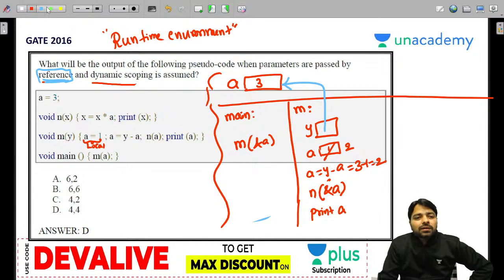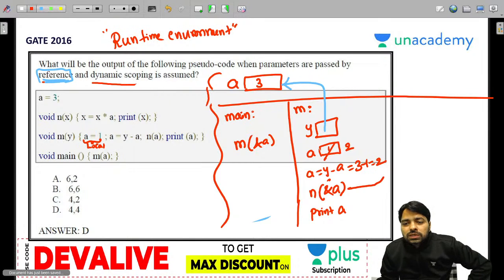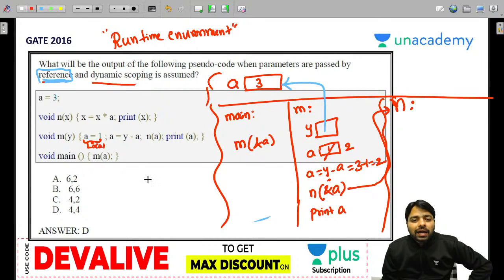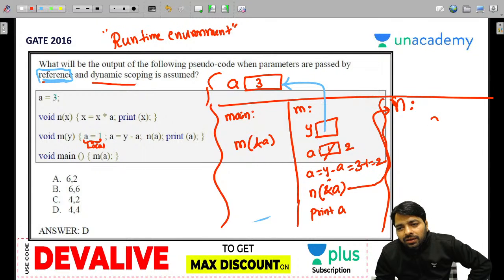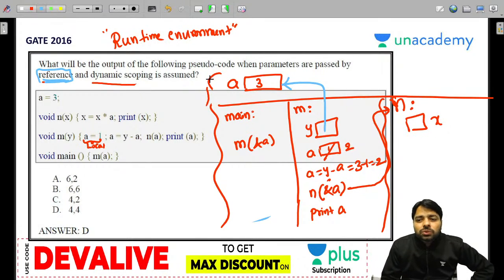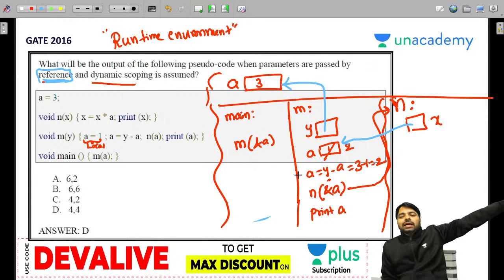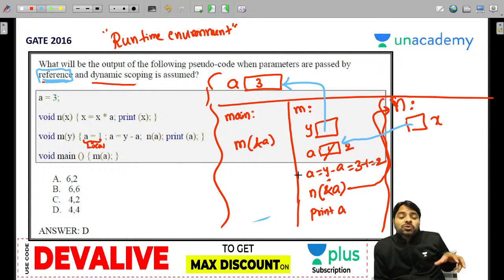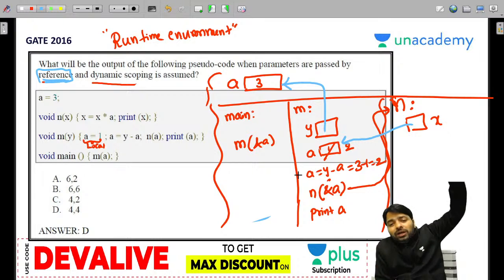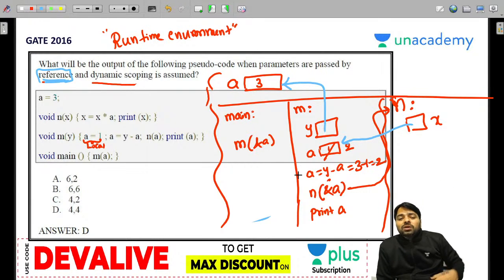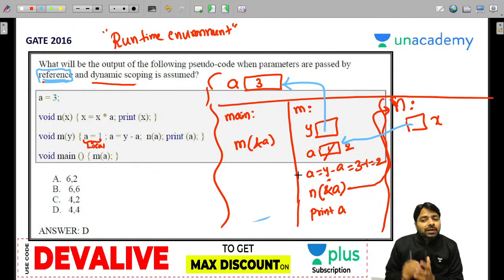Remember, and we are going to some other function called, this is a different function with its own activation record, n, and you are passing address of a, right? So here there is an x, and x is pointing to, because of dynamic scoping, it will point to this a, not that a, that is the main difference. If you don't have a local declaration, this will point to that global a, you got a 0 answer on both sides, but now understand this x is pointing to this one.